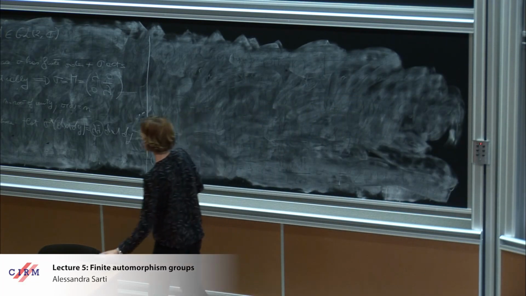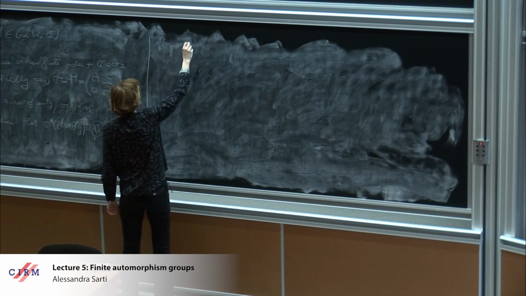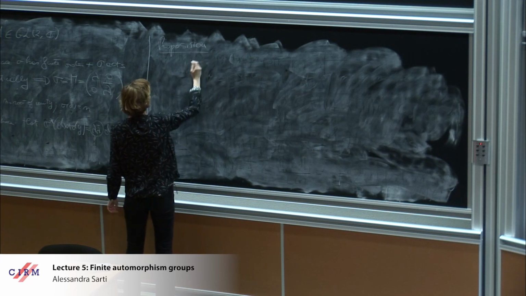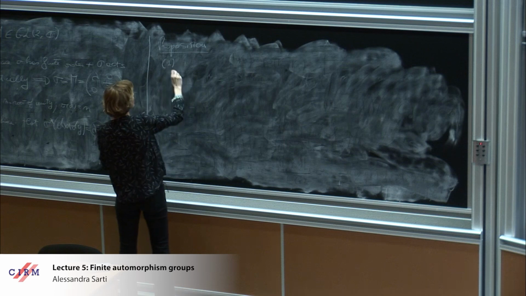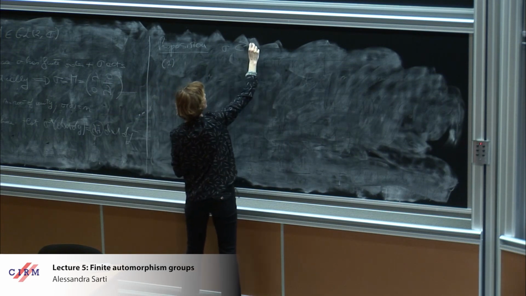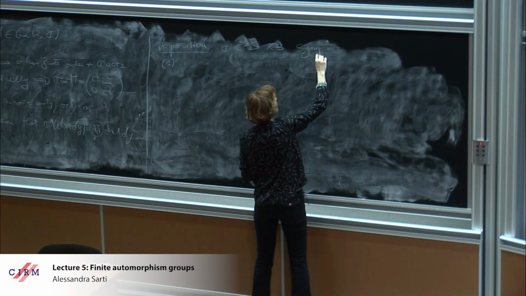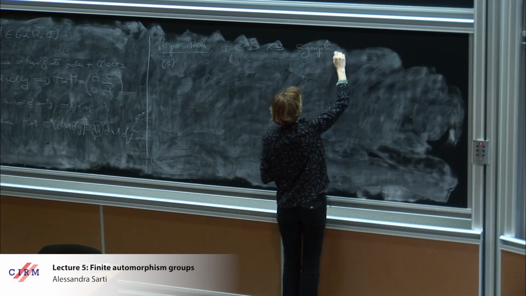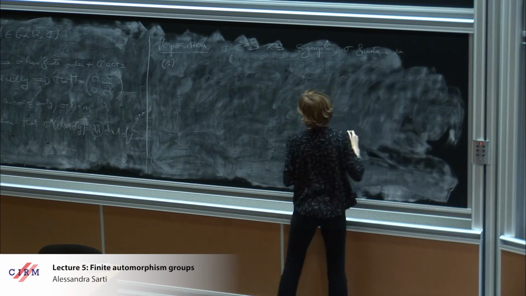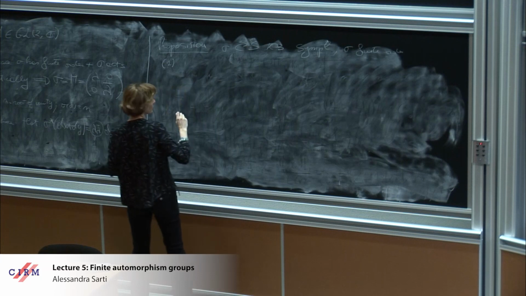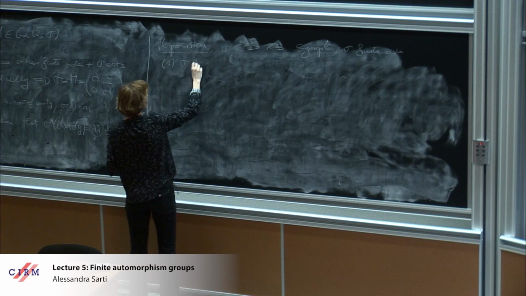So this local form tells you that, again, for sigma acting symplectically on a K3 surface S, and of finite order, sigma has only isolated fixed points.